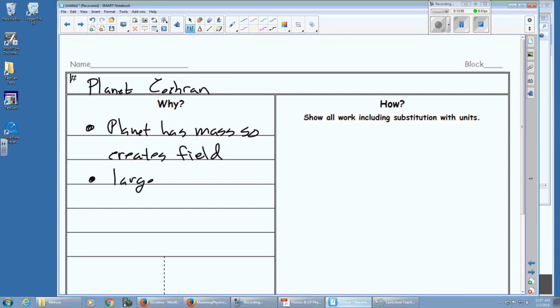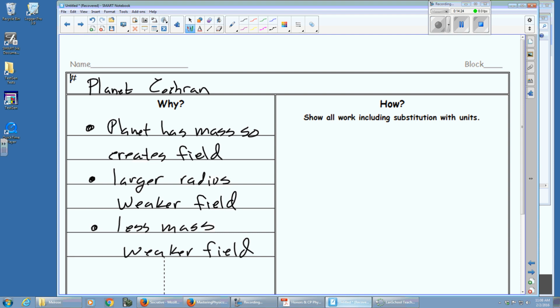I would also put in there something along the lines of larger radius, less, or I don't like the word less, weaker field. And maybe even less mass, weaker field.